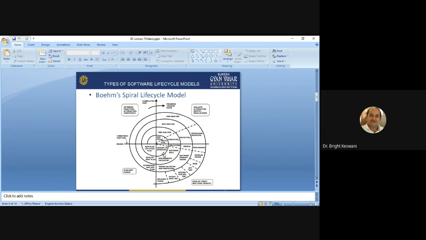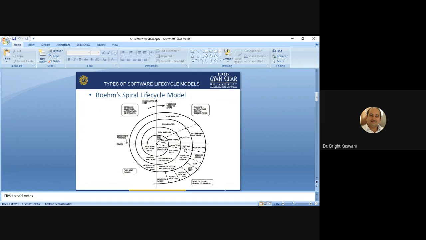Then it goes to development, verifying the next level product, which is the actual development of the software system, and then the planning phase. Then the spiral moves again and again and again.